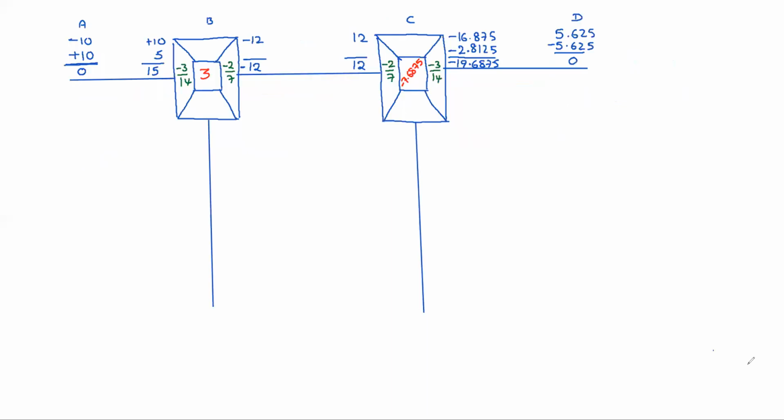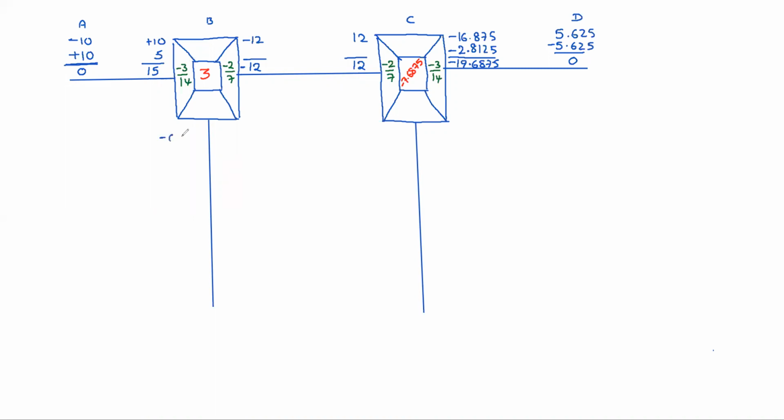First, BA. For BA span, initially there is no foreign contribution. That's why simply 3 multiplied by minus 3 by 14, which is minus 9 by 14, that is minus 0.643 in decimal form.